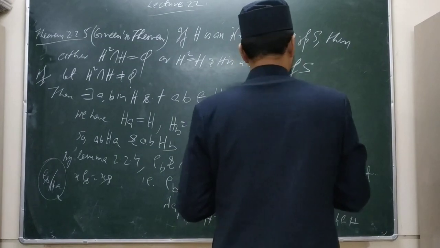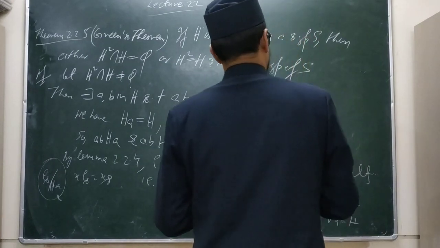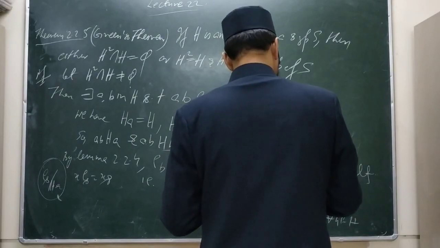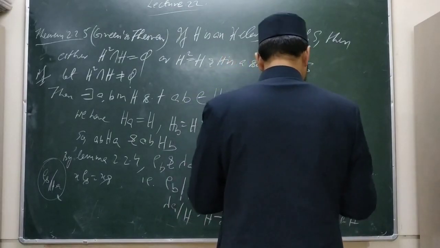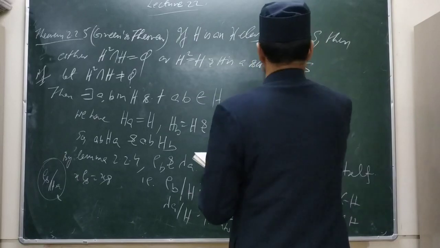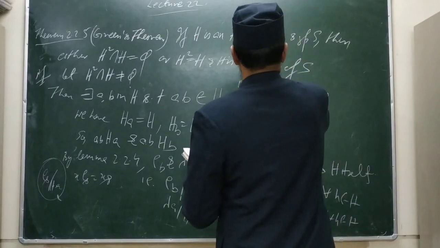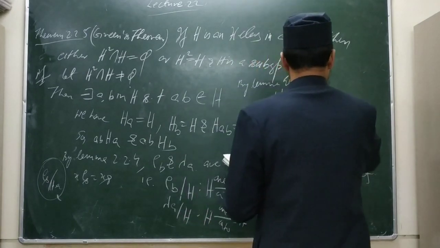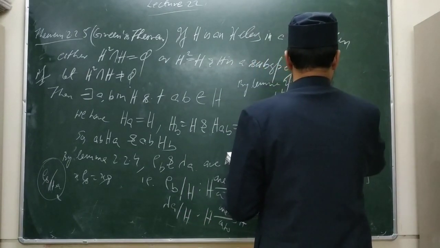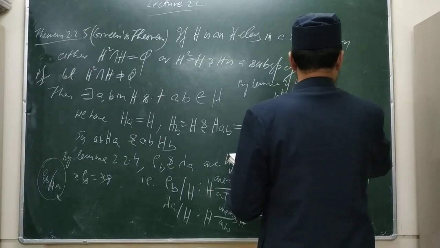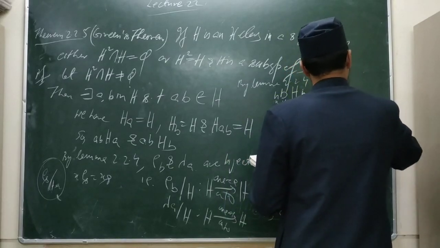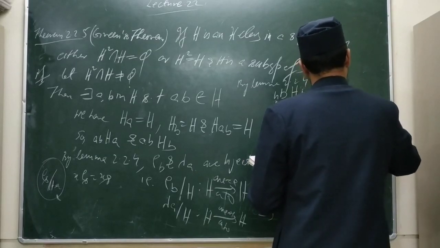So now it will be what? When x, y, H, x, now you apply by lemma 2.2.4, it will be what? Rho y, isn't it? So rho h by H, H to H, it will be what? 1-1 onto map, correct.